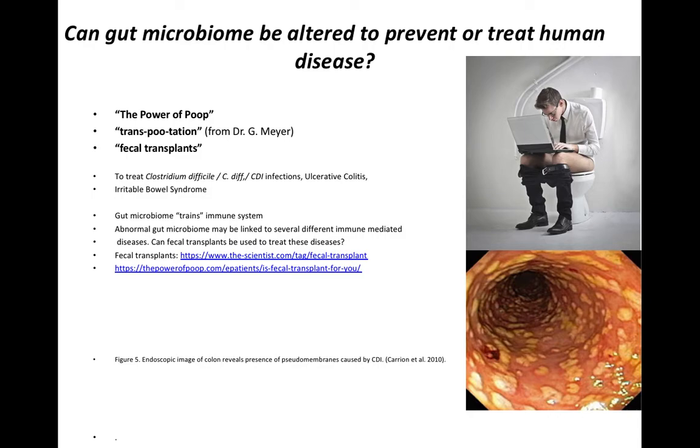And many studies have shown that by these fecal transplantations, a good normal microbiome can be reestablished, and thus the chronic C. diff infections are treated successfully. So this is a really ecological, holistic way to approach some of these microbial infections.